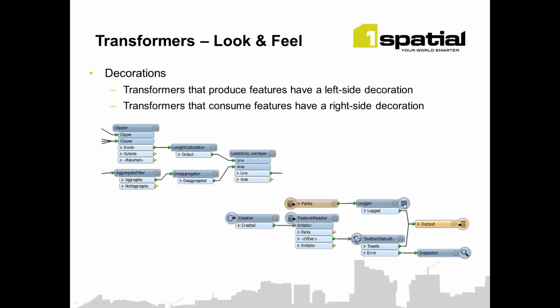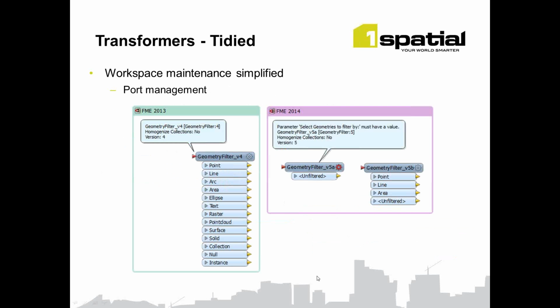On the right-hand side, these transformers are just suggesting that they're pushing some data somewhere, down somewhere. In this case, the logger is putting the content into the log window. The inspector pushes it out to the inspection application. So useful little subtleties that have happened to the style of the interface.